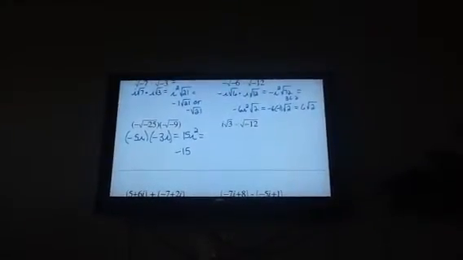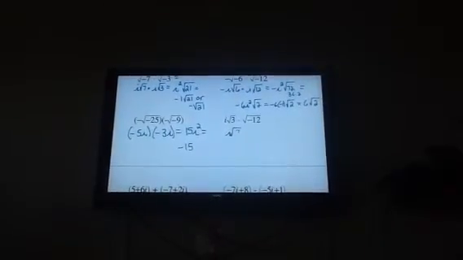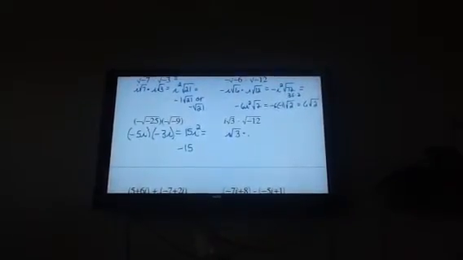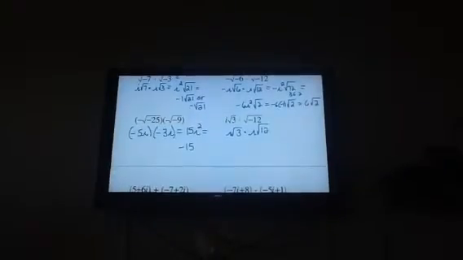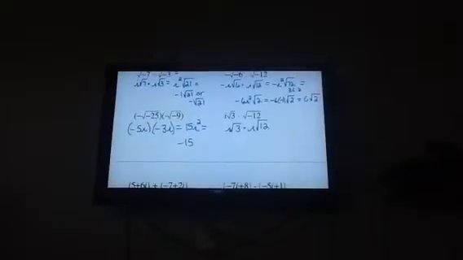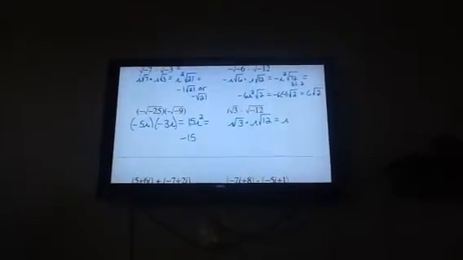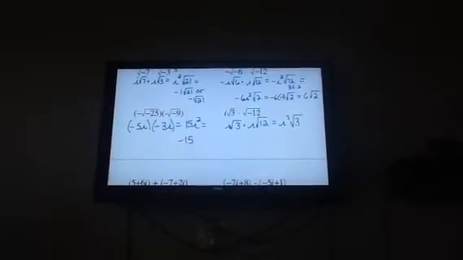Here in this next one, this one is as simple as it can go. i square root 3 times i square root 12. Take the square root of that negative, multiply it together, and I get i squared square root 36.